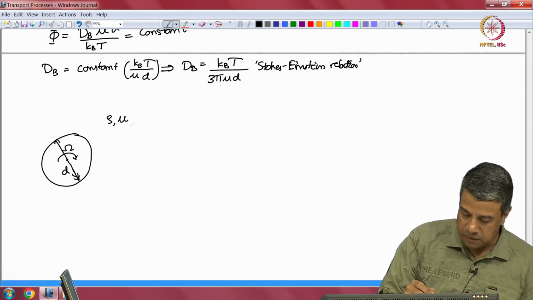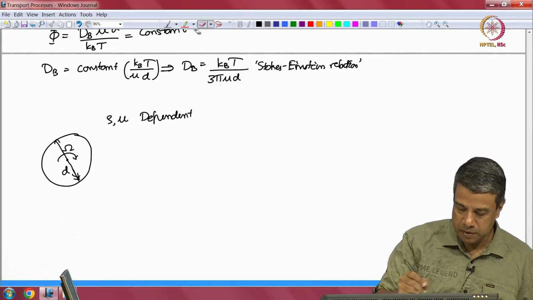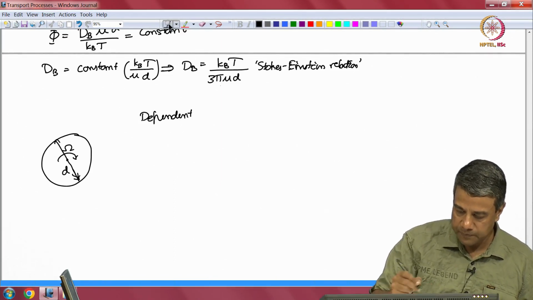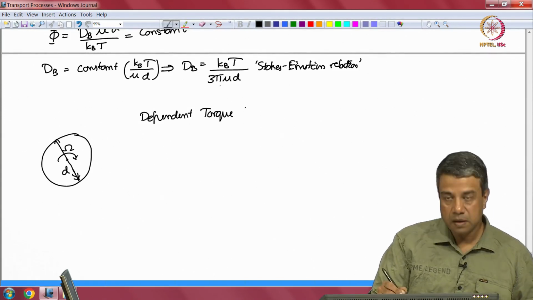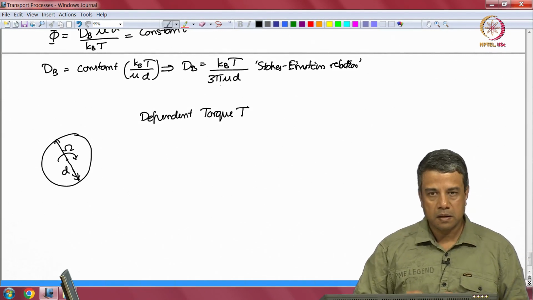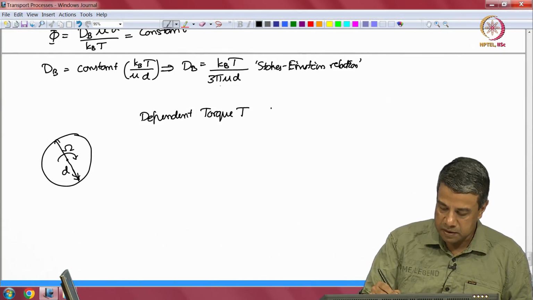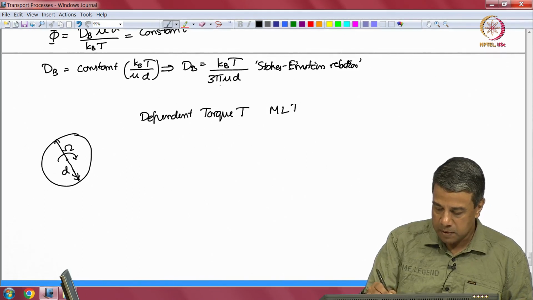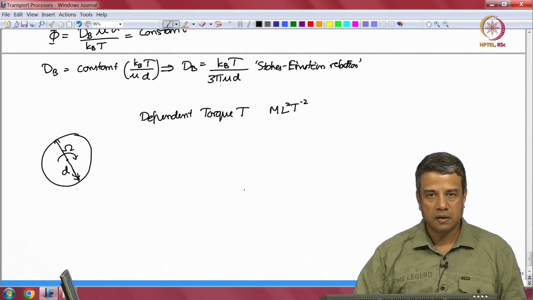So, the dependent quantity is the torque, T. The torque has dimensions of force times distance. The dimension of force is m L t power minus 2, times length, which gives us m L square t power minus 2.